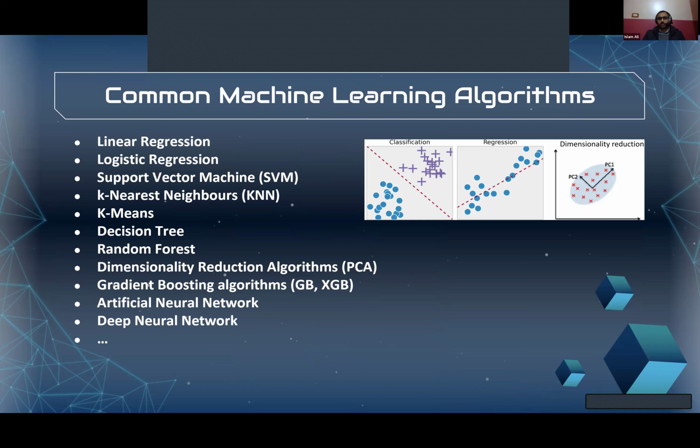So to choose the best according to our problem, if we do a simple classification or regression task, do we really need to go to deep neural networks and advanced algorithms, or will linear regression and simple algorithms do just fine in this case? So it depends on the case we have.